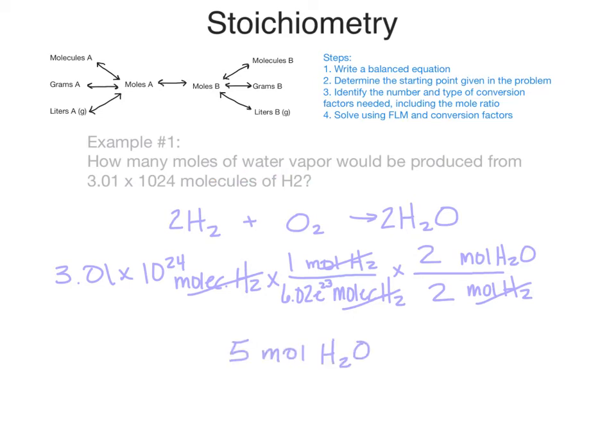And so when I plug this into my calculator, I'm left with 5 moles of water vapor. So if I have 3.01 times 10 to the 24th molecules of hydrogen gas, I'm going to produce 5 moles of water vapor, which is really handy to know in the lab and to be able to make predictions about how much product you're going to form based on how much reactant you have.